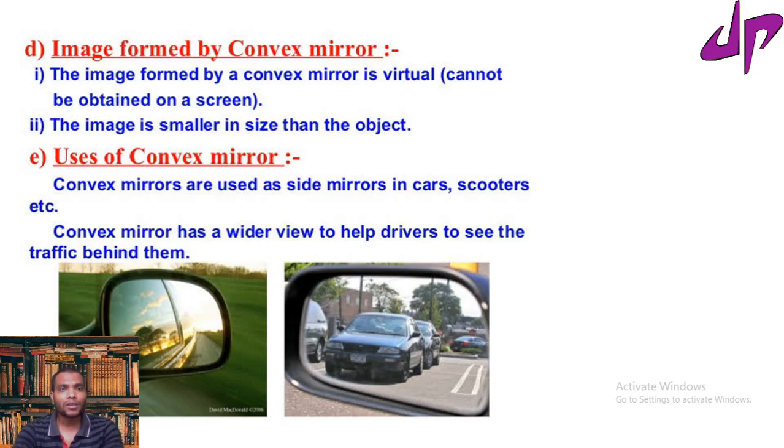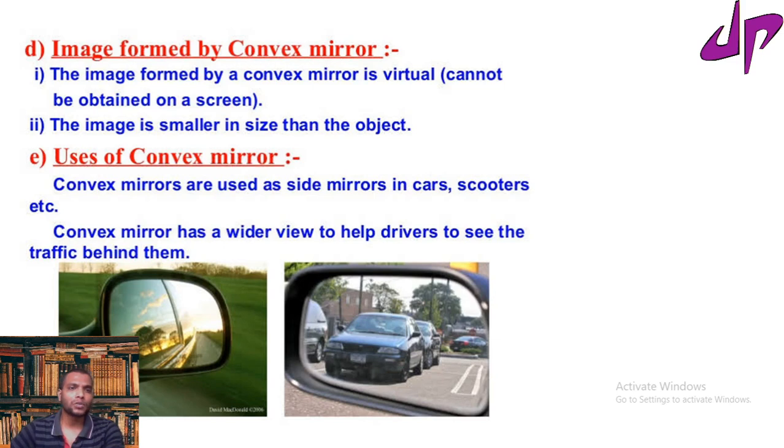And now the uses of convex mirrors. Unlike a concave mirror, a convex mirror always forms a virtual image that is small in size. So they are used in vehicles, especially as rear view mirrors.